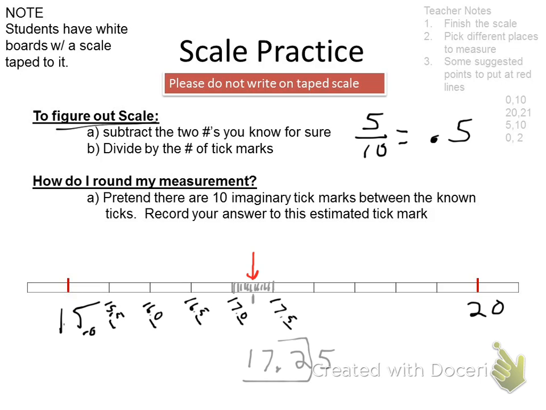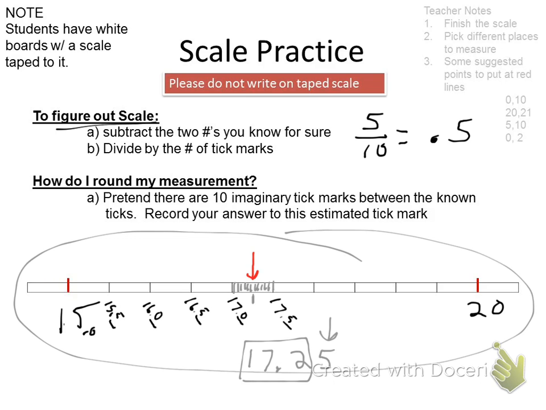This we should pretty much agree on. This one is an estimate. Okay? So again, it would look something like that. So I hope that helps with scale. And then we use this whenever we measure something. You always look at the instrument, figure out the two numbers you know, figure out what it's counting by, and measure to the correct decimal place.